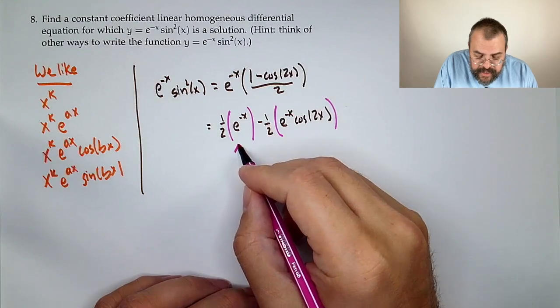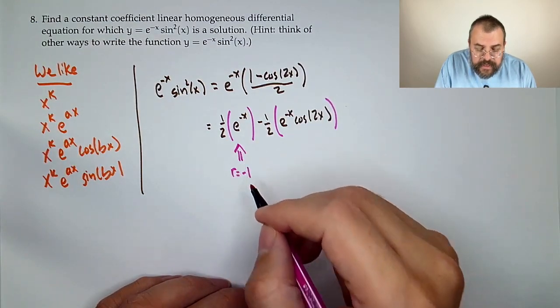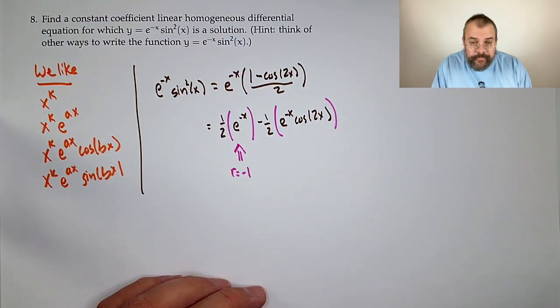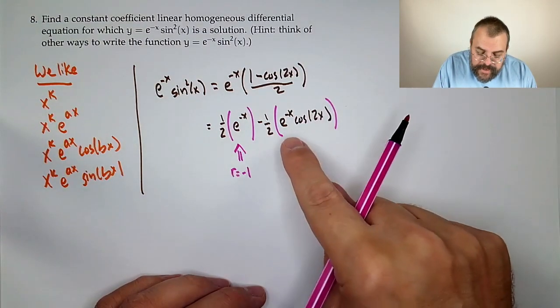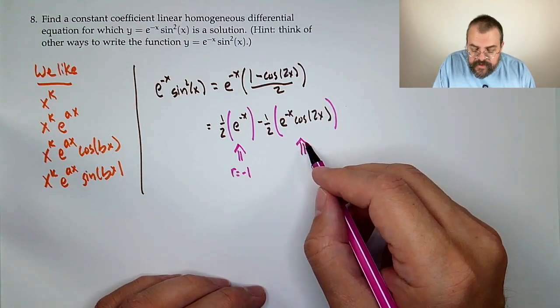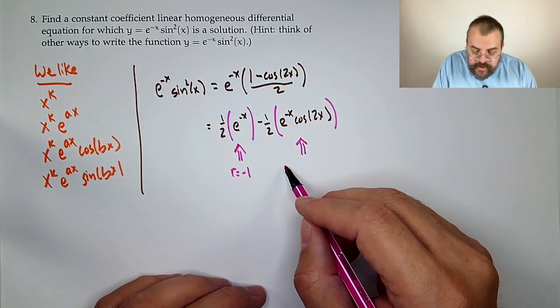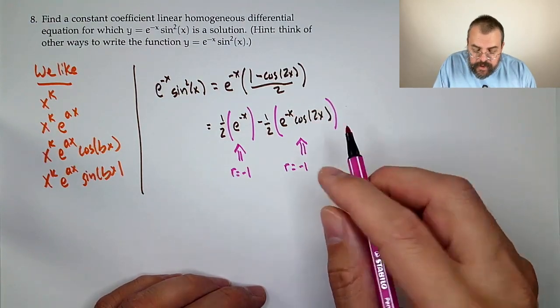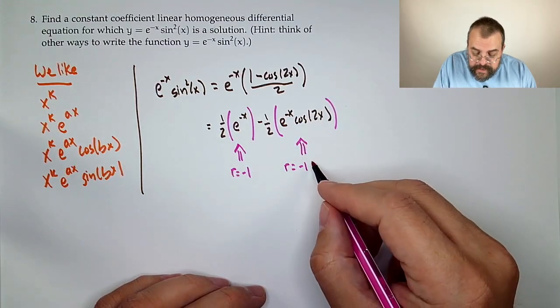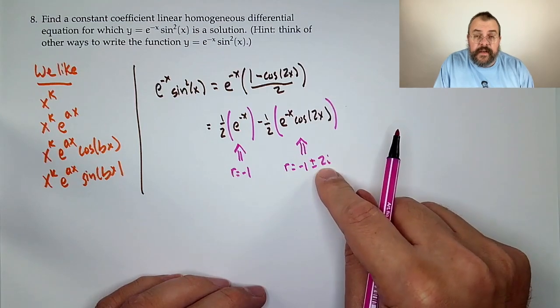So e to the minus x would correspond to a root r equals -1. Now, e to the minus x cosine 2x actually is a pair of roots. This comes from the complex roots. So this would correspond to the roots r equals -1 plus or minus 2i. The 2 is because of the 2 on the inside.